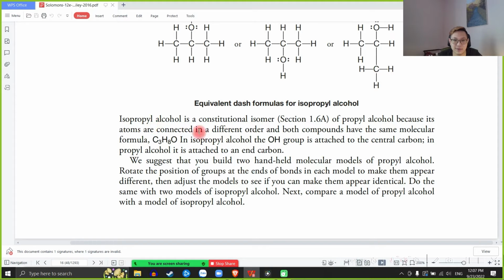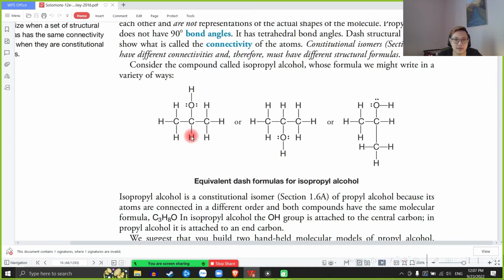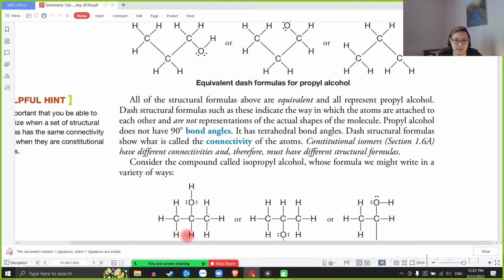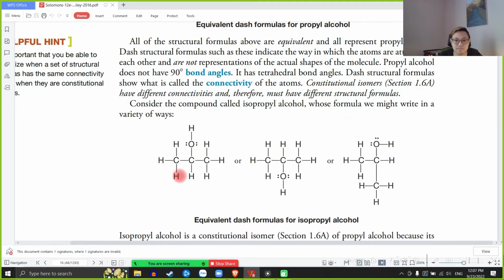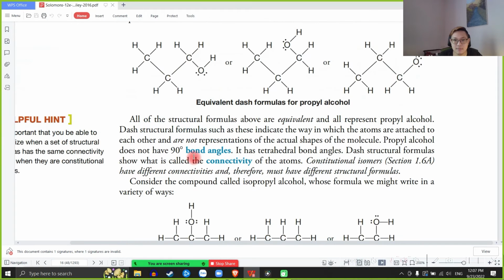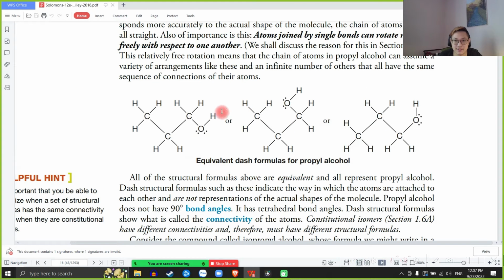And you have isopropyl alcohol, which is the constitutional isomer of propyl alcohol because its atoms are connected in a different order. So basically, this is isopropyl alcohol. Iso means the same. You can see the OH on the middle C, right? But for propyl alcohol, the OH is connected to the C at the end, right?